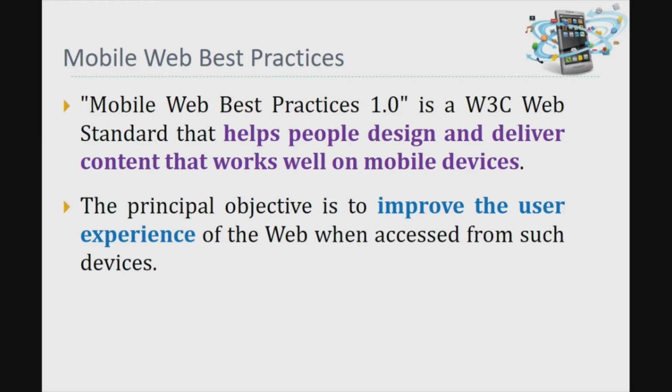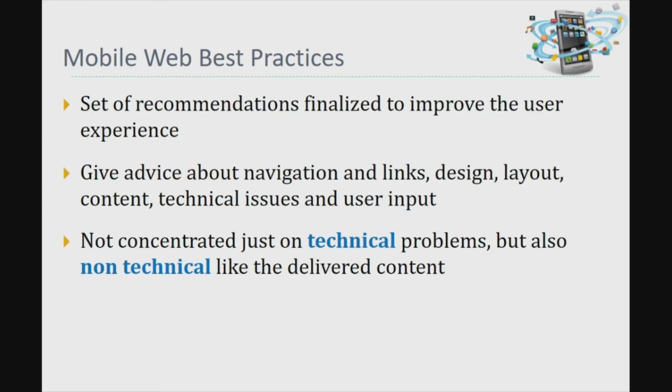You can refer to the W3C website later on to find the standard. And the principal objective is to improve the user experience on the web when accessed from the mobile device. How to improve the experience that the user already has when they access the web through the desktop, and now they want to access it through the mobile device. So that is the main objective.